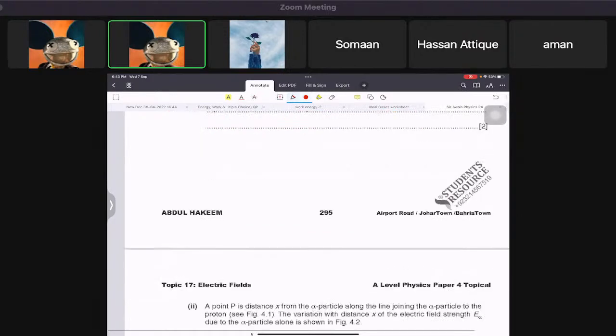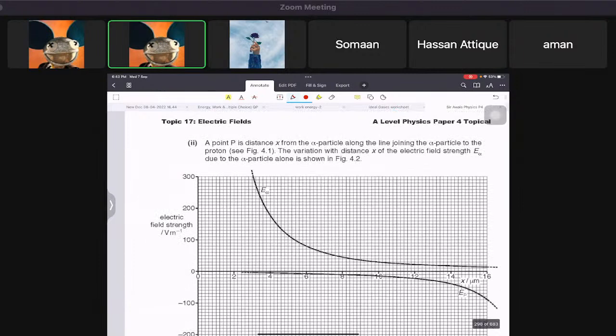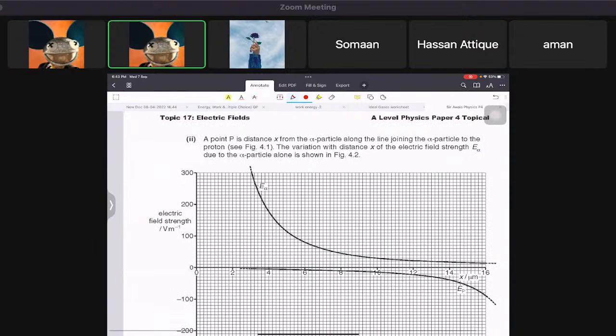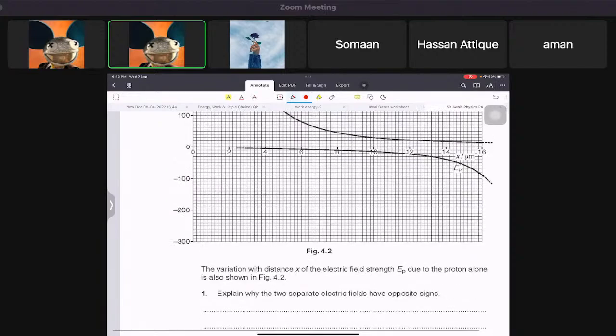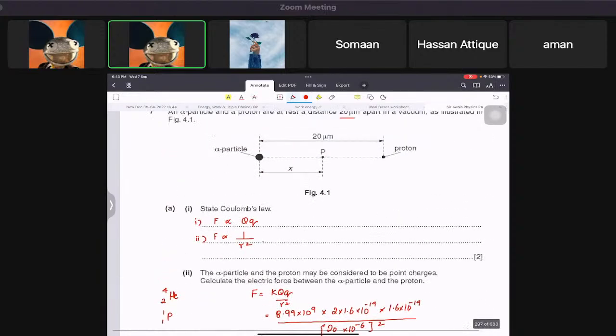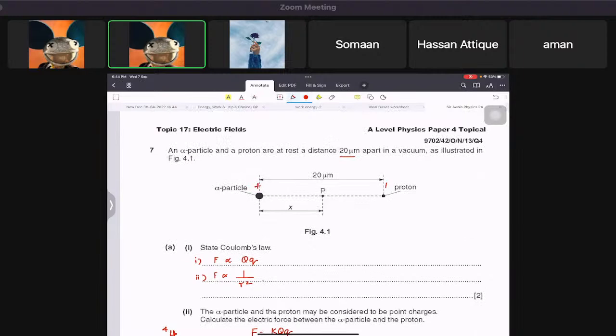Now here they say point P, distance of particles along, and they've shown this, right? Now they say the variation with distance x of electric field EP due to the proton above. Explain why the two separate electric fields have opposite signs. First of all, this is a positive particle and this is also a positive particle. So its electric field direction is this way.